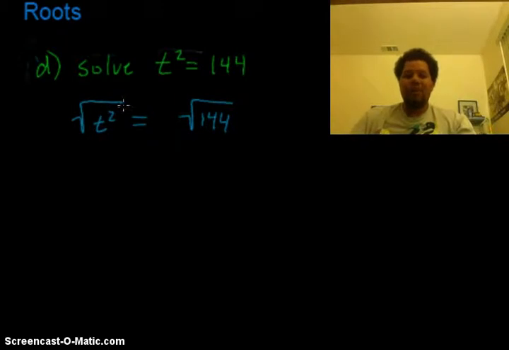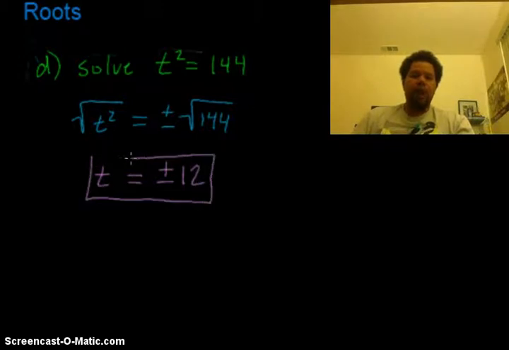Now, anytime you take the square root of both sides, we're going to find both the positive and the negative square root. So we end up with t on the left, because these are inverses, so the square root and the square cancel each other out, leaving us with t. And over here, the square root of 144, that's a perfect square. That's 12 times 12. This ends up being plus or minus 12.